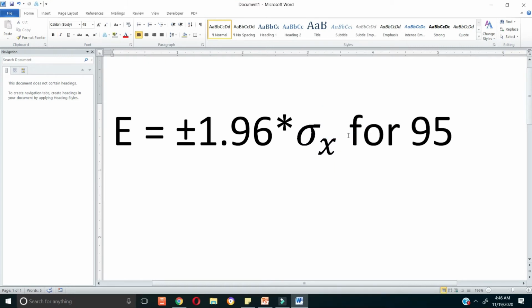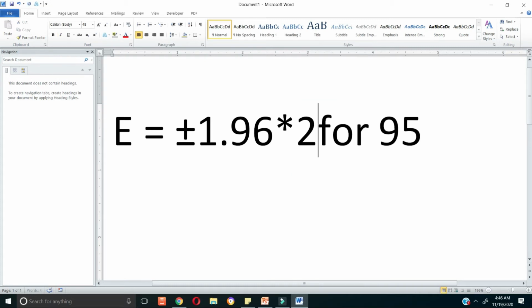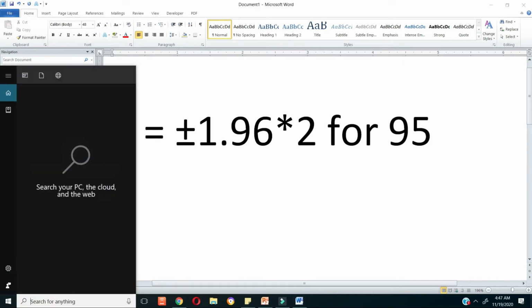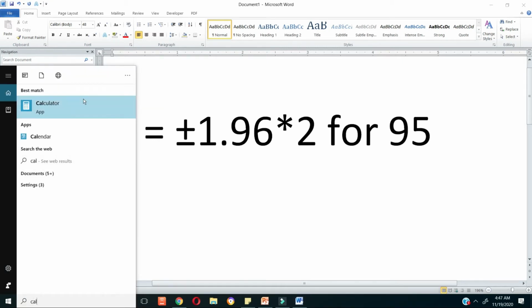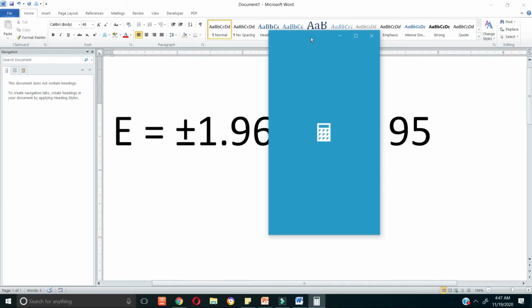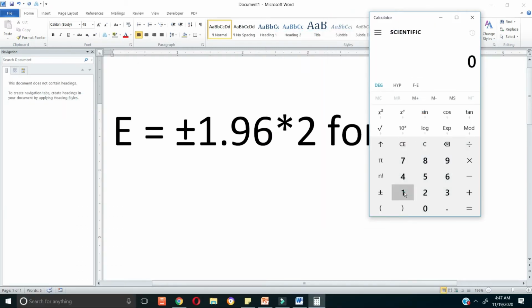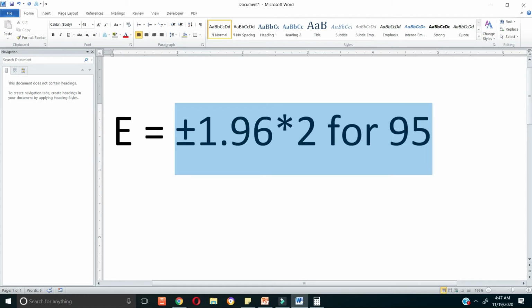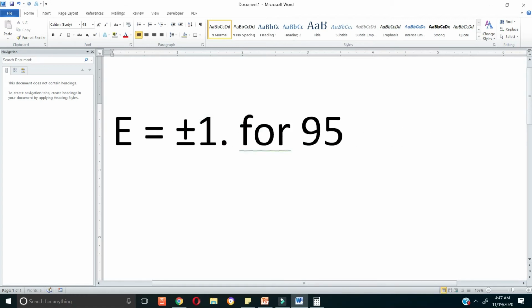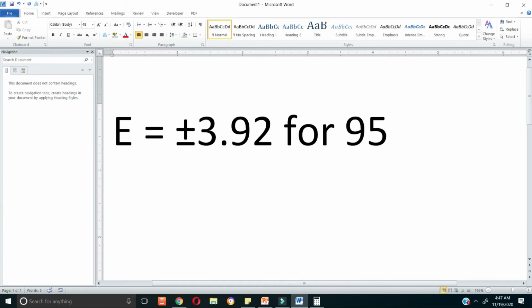So our error is plus or minus 1.96 times 2. Doing this real quick, 1.96 times 2, we know that our error is going to be plus or minus 3.92. So this is how you estimate the error.